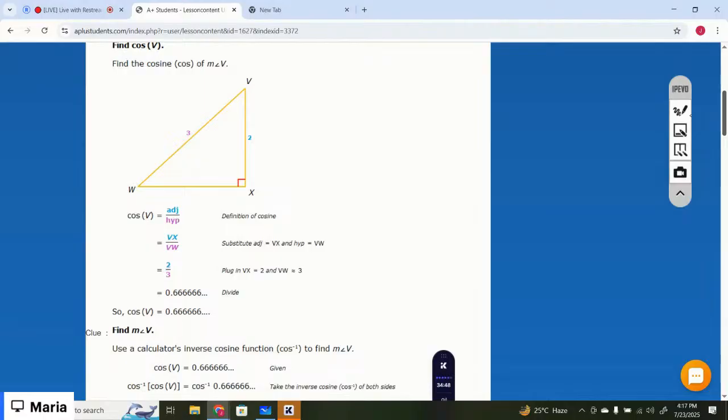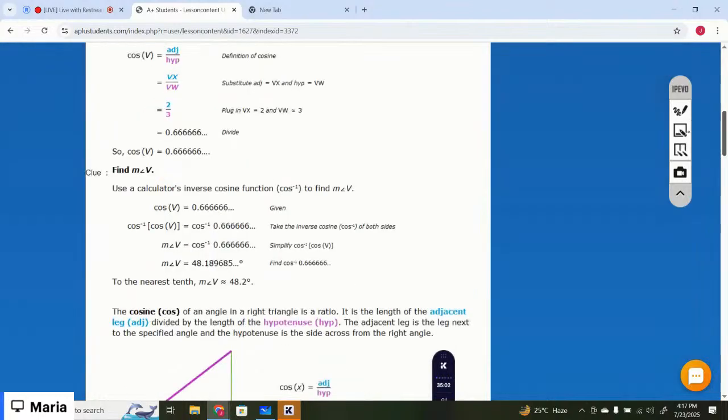So cos B equals adjacent divided by hypotenuse, that would be 2 over 3. So we have to calculate cos inverse. So cos inverse of 0.6 is equal to 48.1. That is 48.2 degrees.